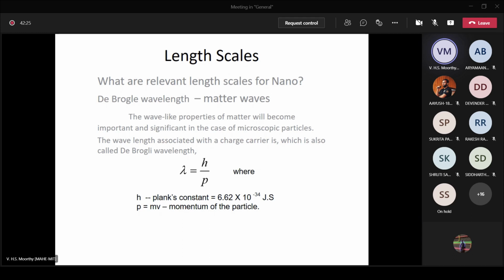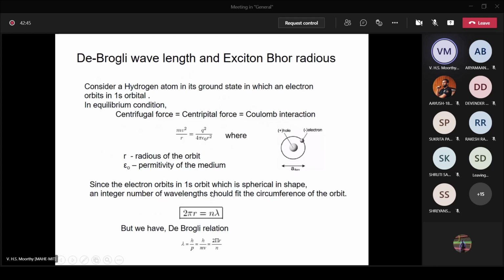I expect all of you to remember them. You should remember some of the important physical constants; I advise you must. So lambda is equal to h by p. So this has both wave property and particle property.